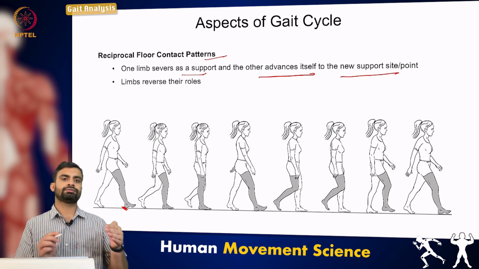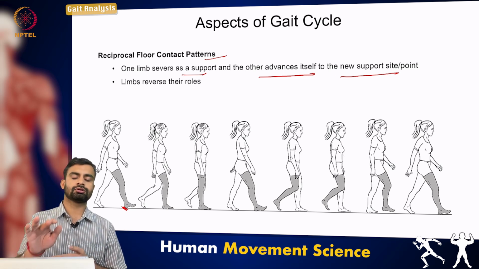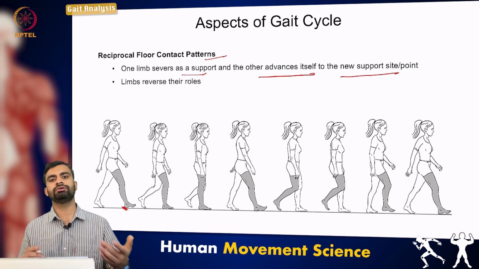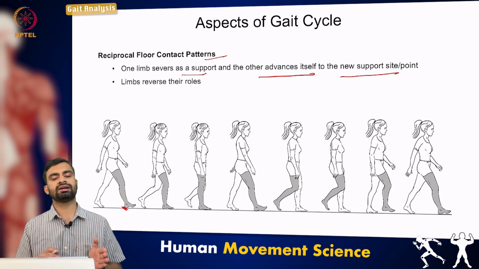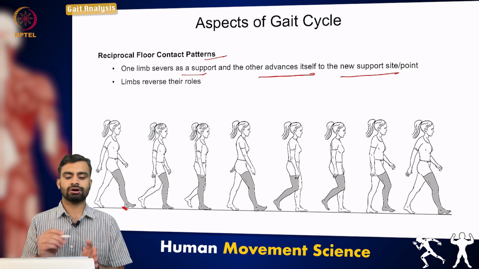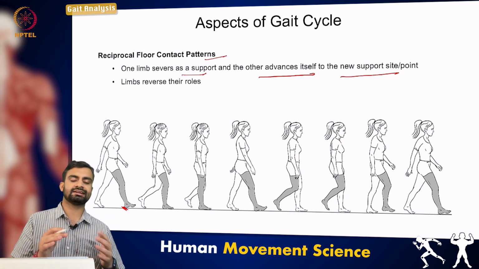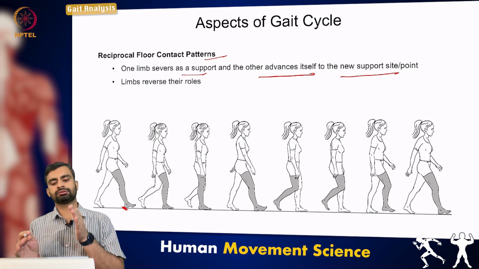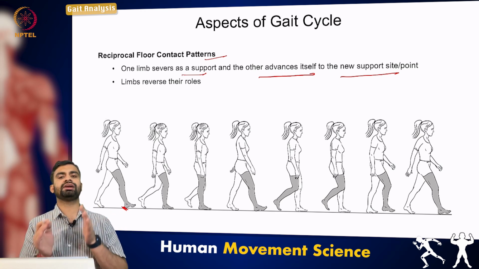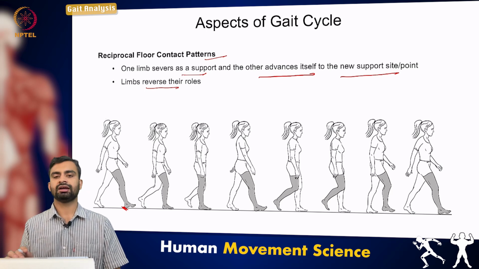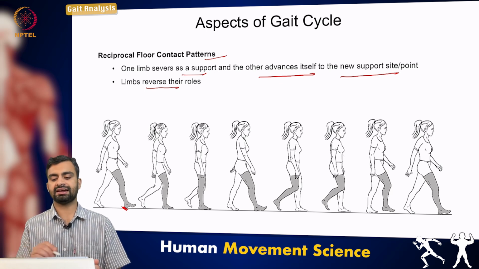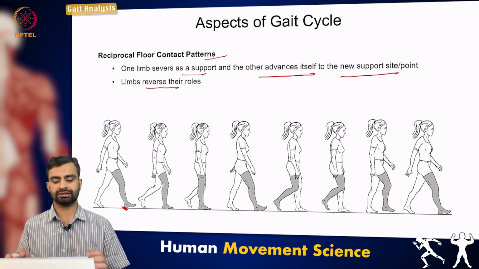For example, if we contact the floor with our left side, then next we move our right side and contact the floor with the right side. In this way, we are doing a reciprocal motion between the left and right sides, so that the limbs can reverse their roles in supporting as well as advancing the body.